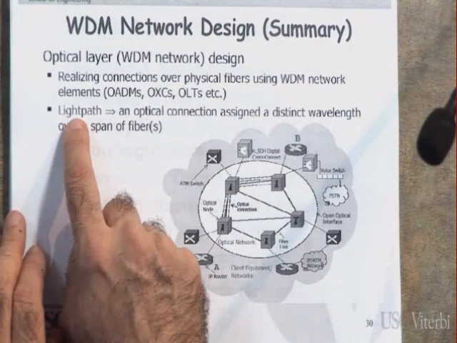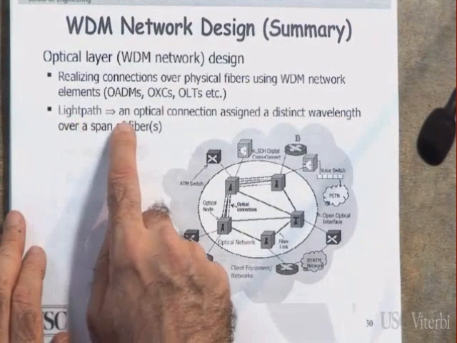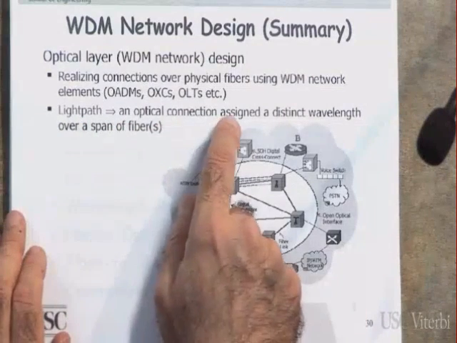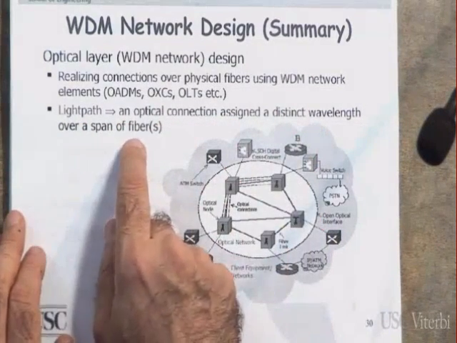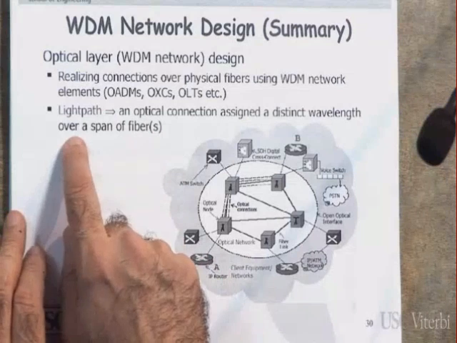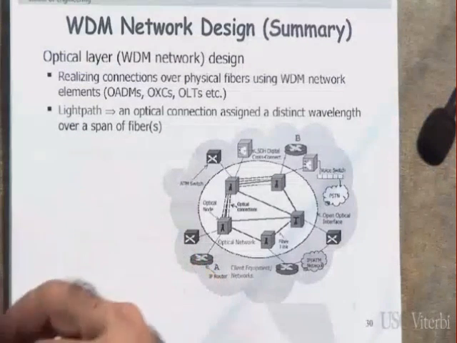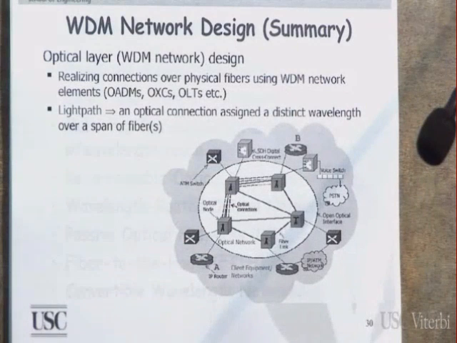Now, for the most important part. What do I mean by a light path? When you talk about light path, an optical connection assigned a distinct wavelength over a span of fiber. What does it mean when I say over a span of fibers? There are multiple fibers. Are you following me on that?